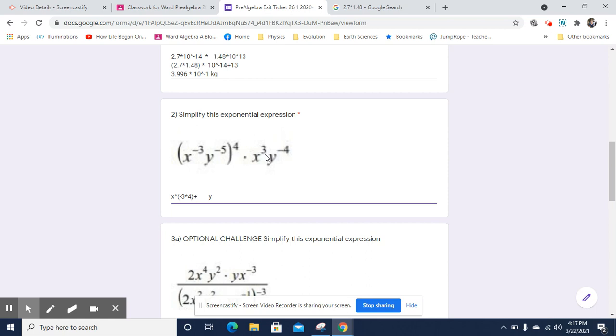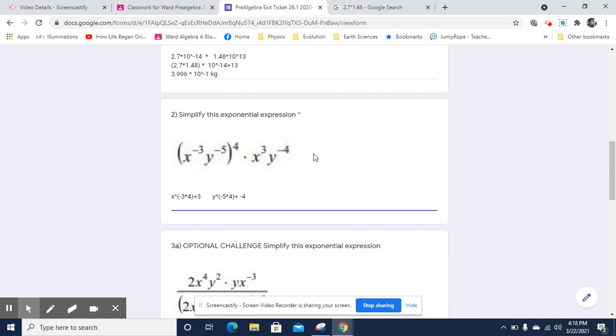So I'm going to be adding that, because between here, this is the product law. Within here, it's the power law. So I deal with the power law, negative 3 times 4, and then the product law, plus 3. And then over here, I've got y to the, and I'll say negative 5 times 4, and then plus negative 4.